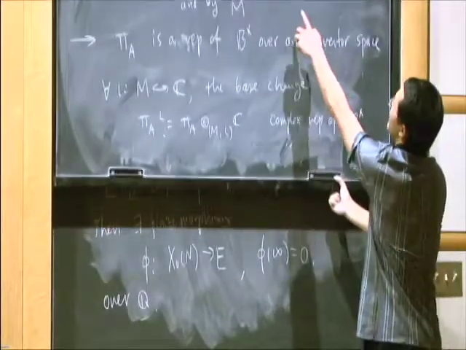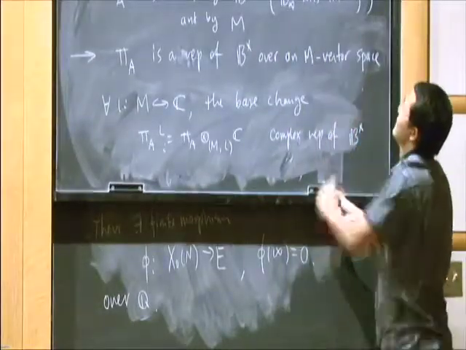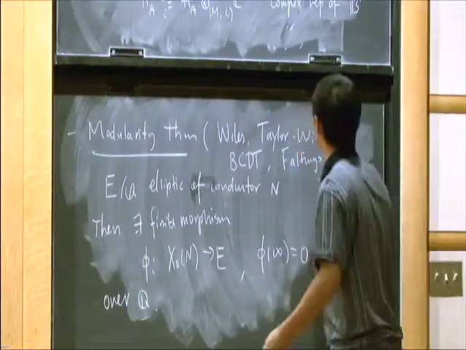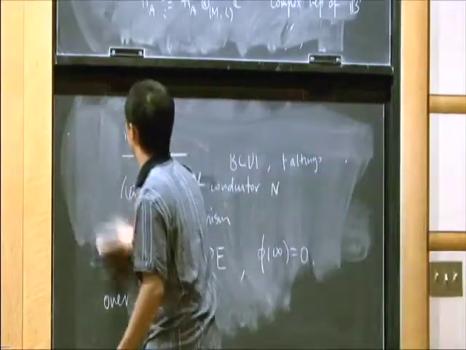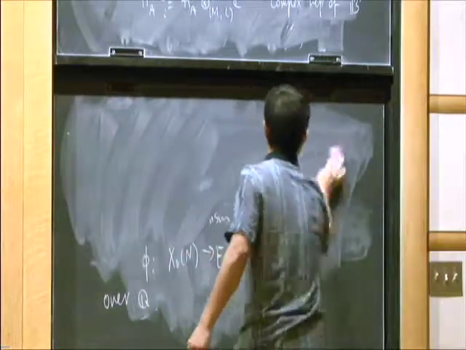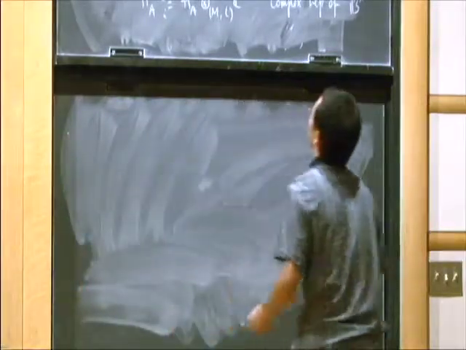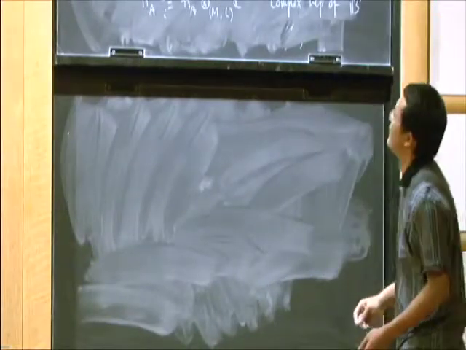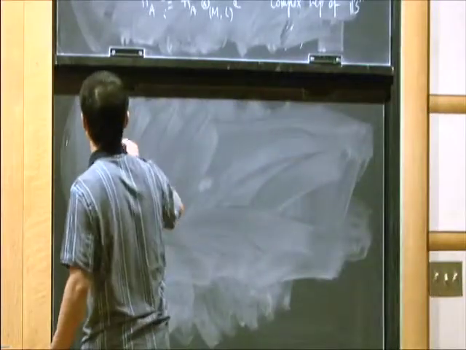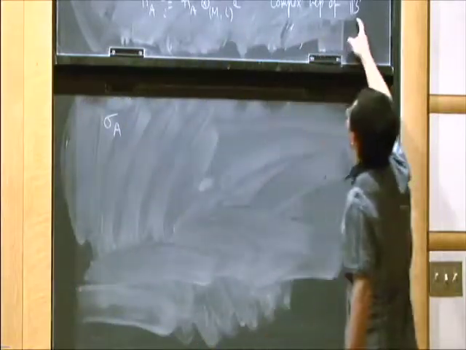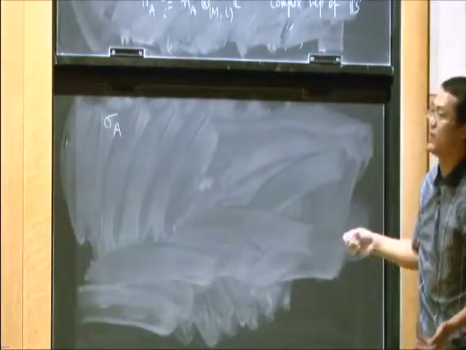I let the infinity part act trivially. And then that's sigma A. So this B cross is not an algebraic group over F.